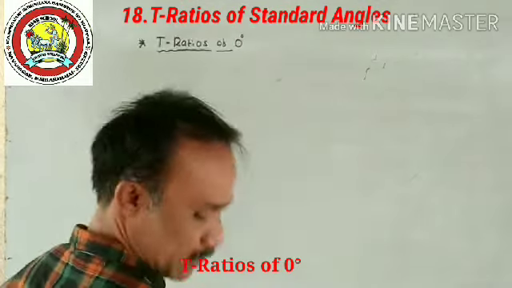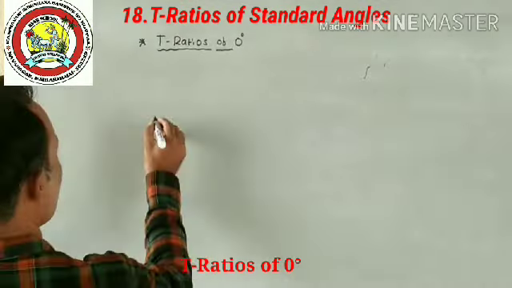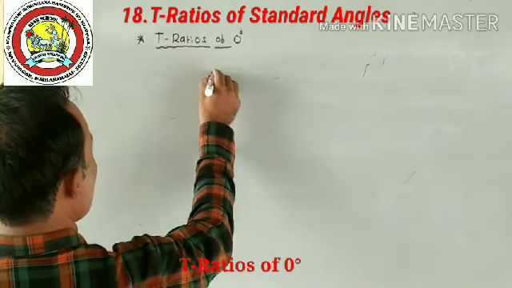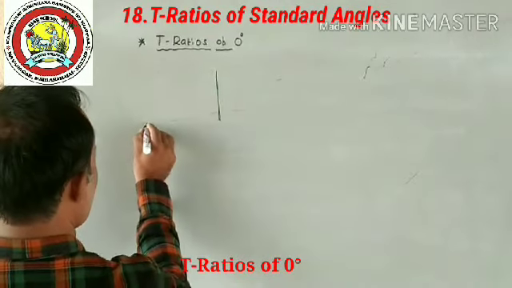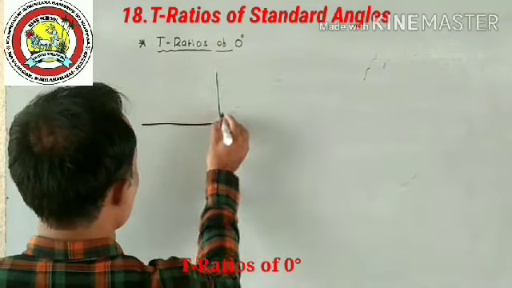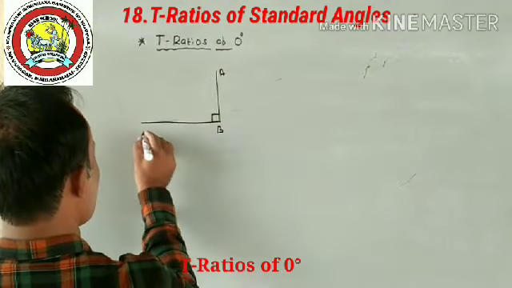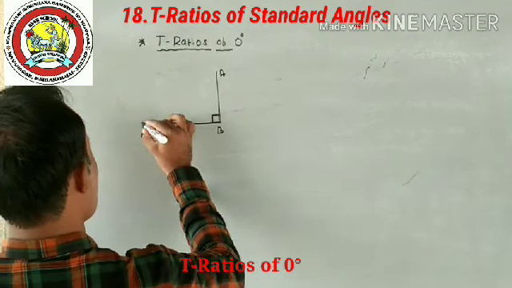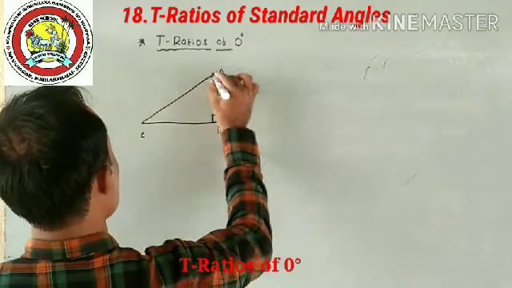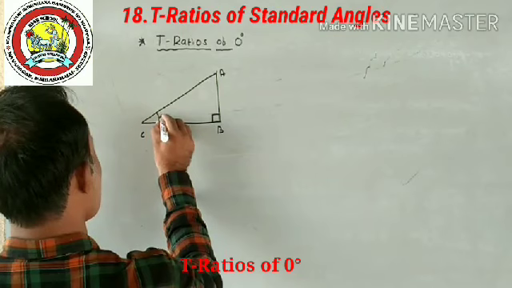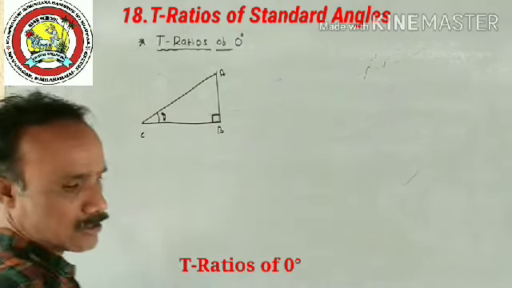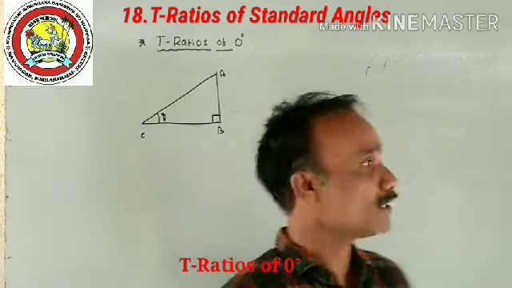Now you see, consider the right angle triangle ABC. At point B there is an angle of 90 degrees. Consider C is acute here, denoted by theta.